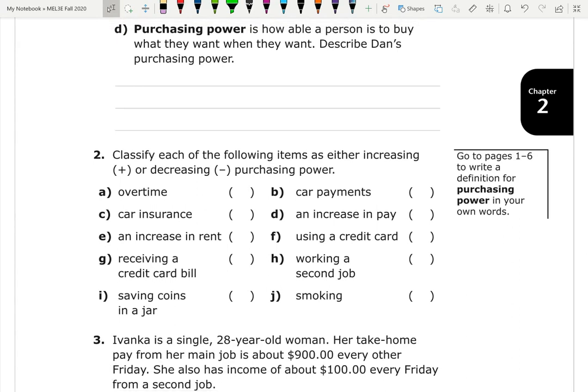Purchasing power is how able a person is to buy what they want when they want. So after all the expenses for essentials have been taken care of, you have money left over. That money left over we call purchasing power. That money is now, you can use it to your discretion, however you decide to use it.